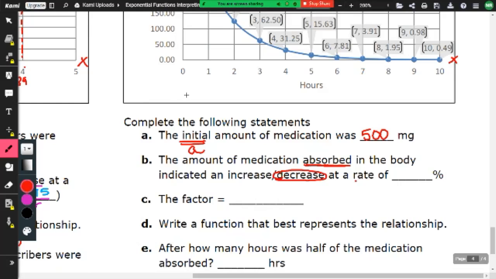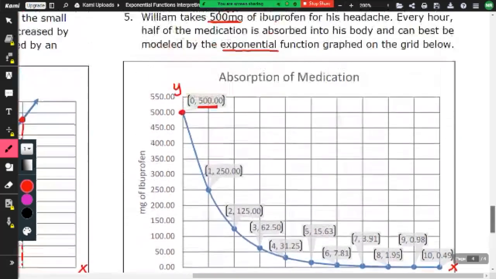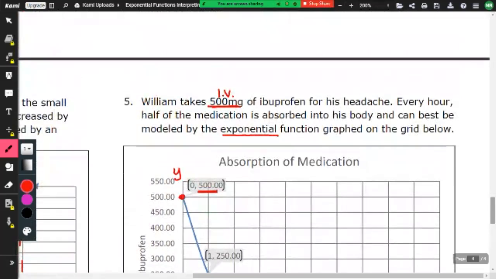It decreases at a rate. Do you see any number in there with a percent sign? No, but you do see a number that helps you with the factor. It says the word half. And 1/2 doesn't have a percent.